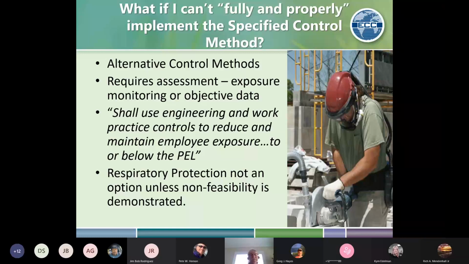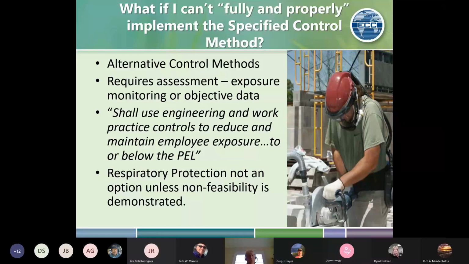And like I said, if a subcontractor decides they can't meet Table 1, then their only option is to assess the exposure through air sampling, and then implement controls as needed based on the results of the air sampling.